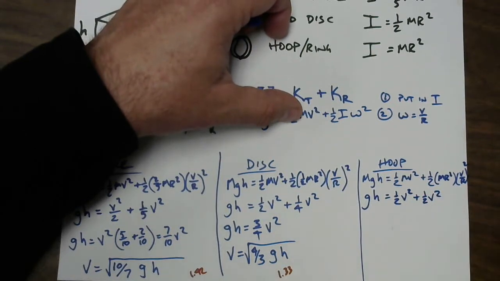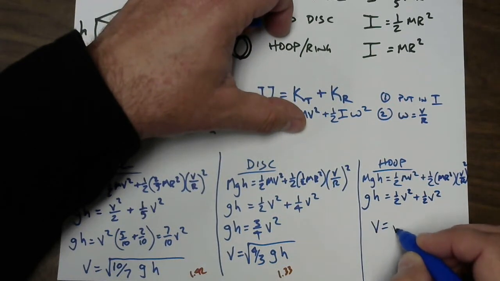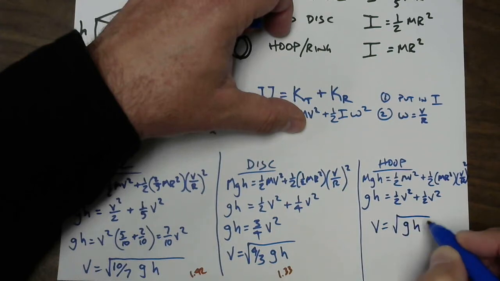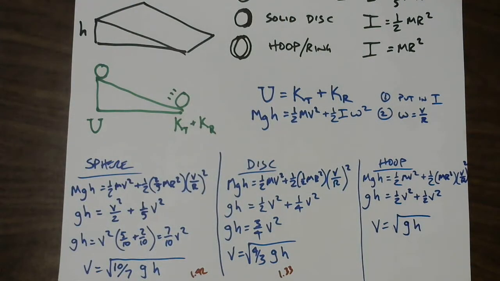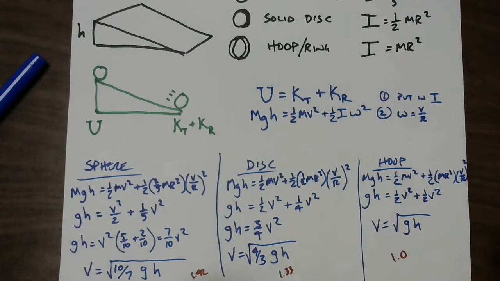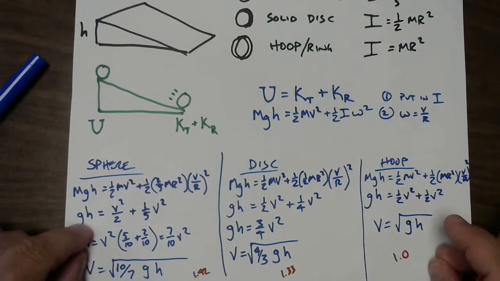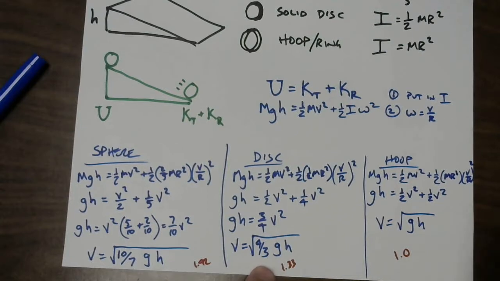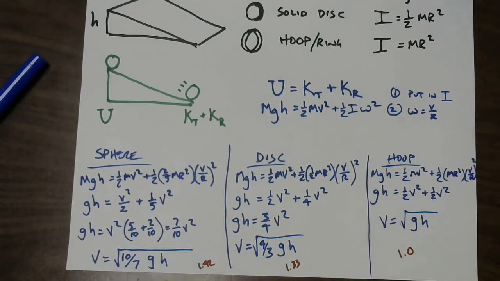So 1/2 plus 1/2 is 1, so v equals the square root of g times h. And that's got a coefficient in front of 1. So it looks like a sphere would win over a disk, and a disk would win over a hoop based on this analysis. That's the shape race.